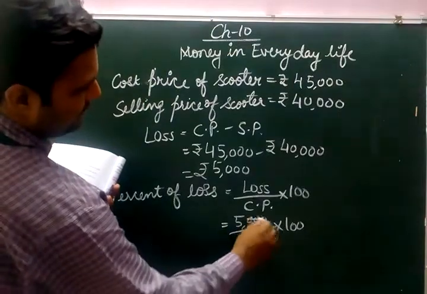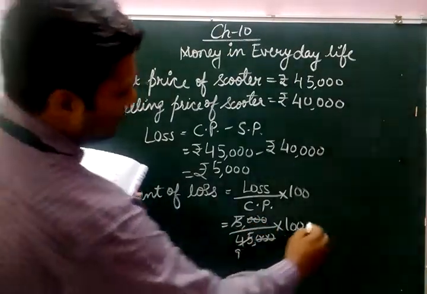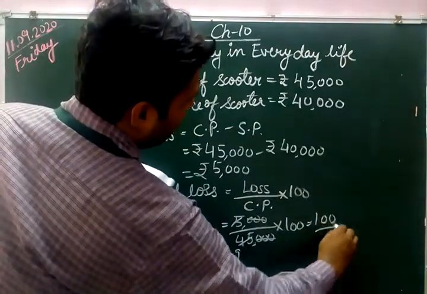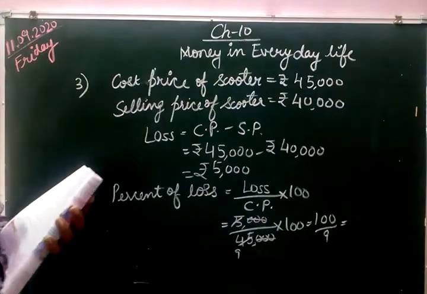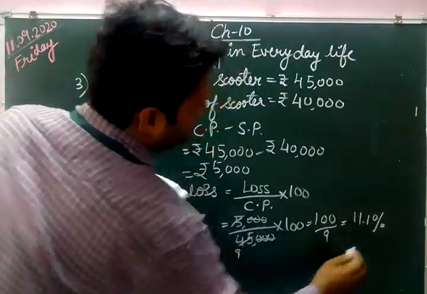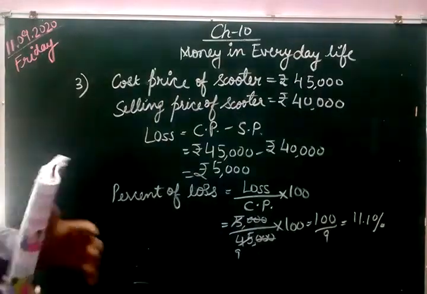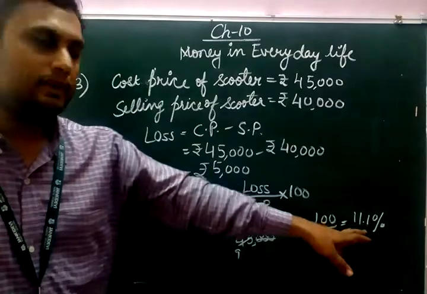So the zeros will be cut. This 45 is divided by 5 nine times. 100 divided by 9, the answer is 11.1%. When you divide 100 by 9, you get the answer 11.1%.